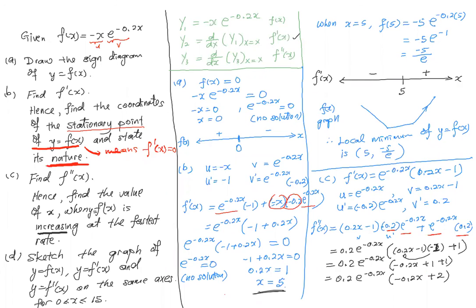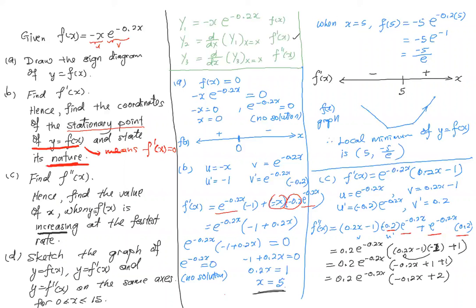Now, when the question says increasing at the fastest rate, class, the moment you have this statement in your question, you straight away know that you have to put f double prime x equal to 0.